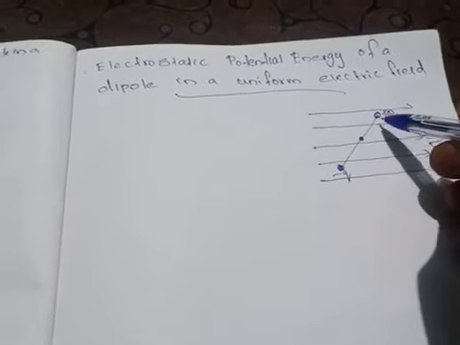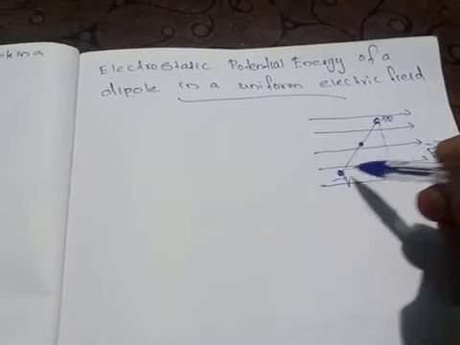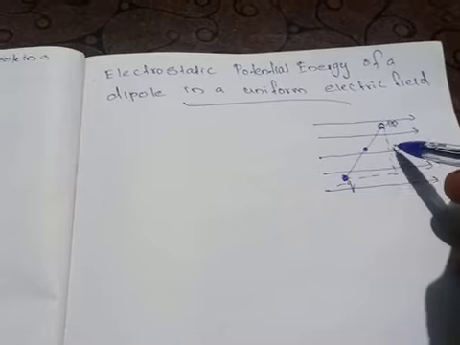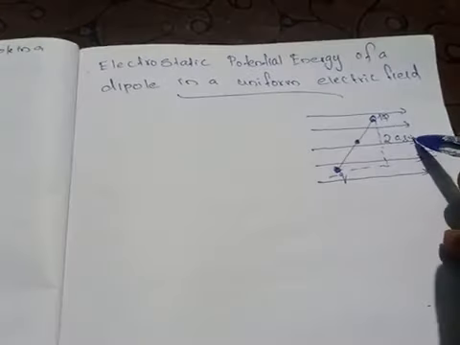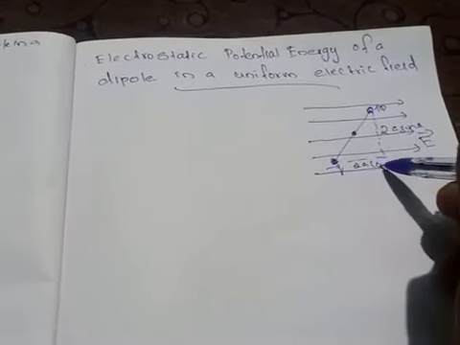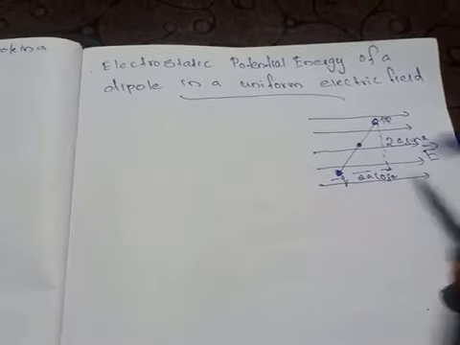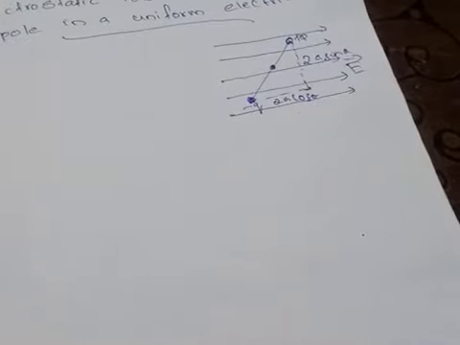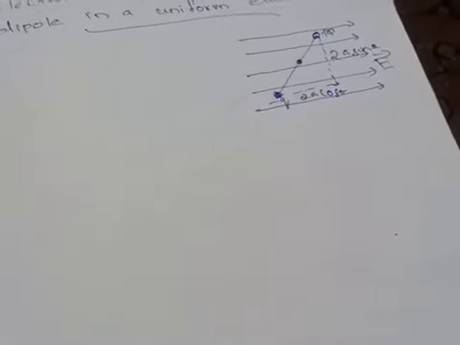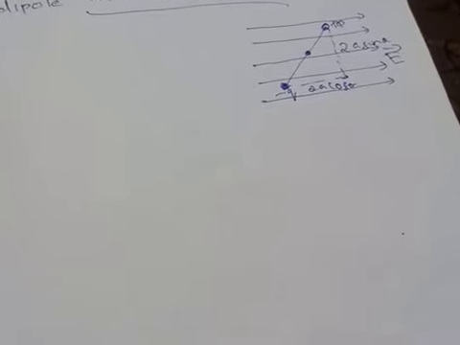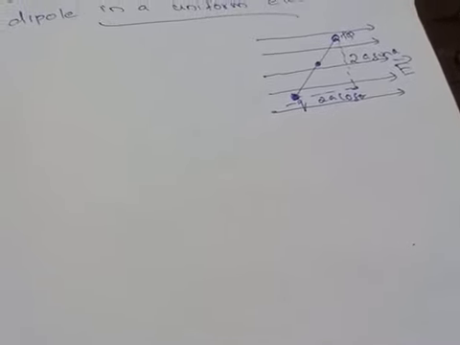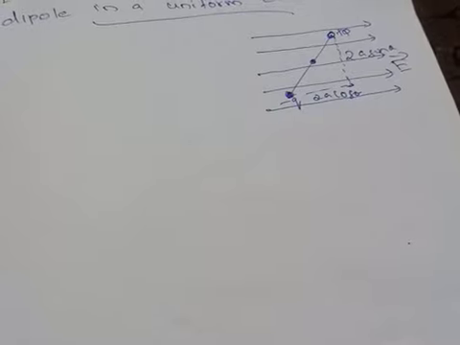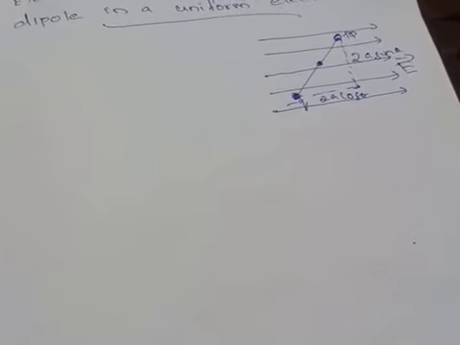And so what will happen means these are the component values, 2a sin theta and 2a cos theta, and already you have gone through this. I will tell you the topic after this: torque experienced by an electric dipole in the uniform electric field.